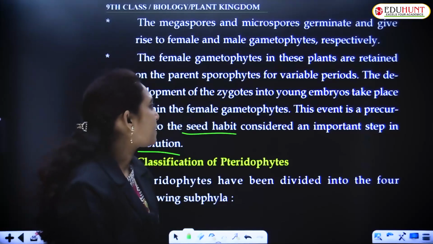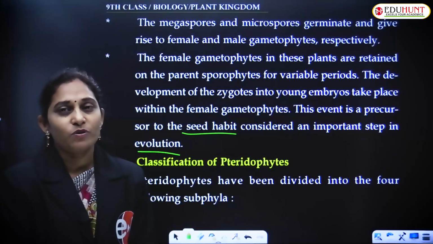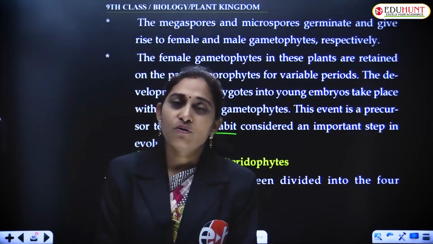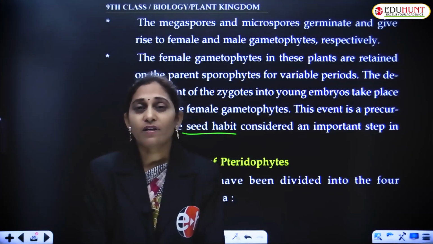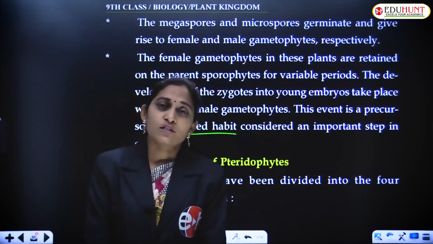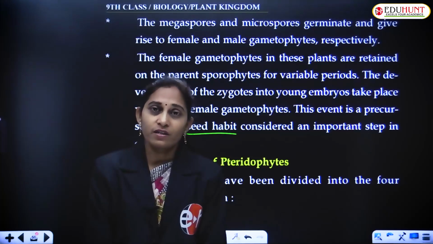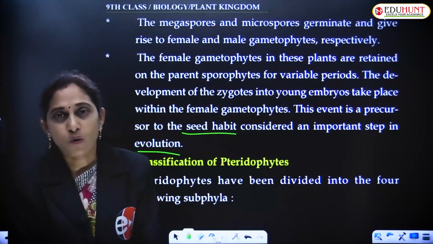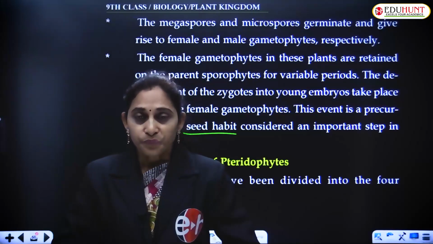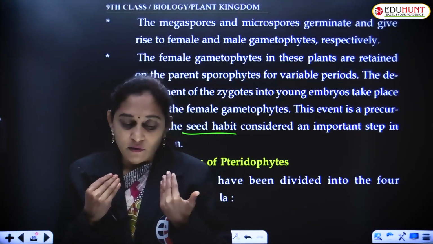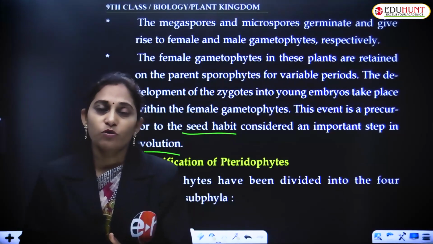Regarding reproduction, male and female gametophytes are there. They produce male and female sex organs. The sporophytes, after the spore mother cells undergo meiotic division, give rise to meiotic spores which are haploid and germinate to give rise to haploid gametophytes.